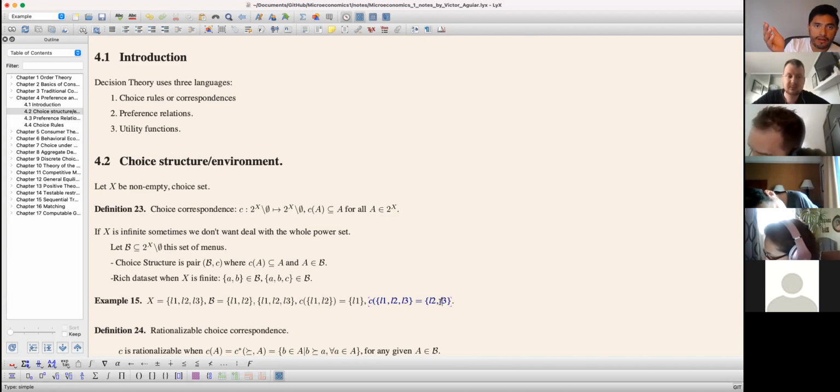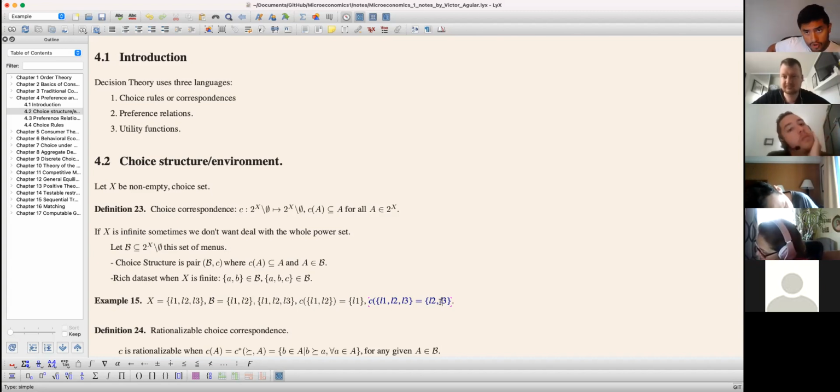So basically you can bundle up L2 and L3 and make something better than L1, right? So mixing them. But the data set you're thinking of, Severin, is basically what is called choice over menus, and this is choice over alternatives. So the information that the choice correspondence is giving us is not that they are going to consume L2 and L3 at the same time, but rather that this consumer is declaring that they cannot make up their minds between L2 and L3. So they declare them as choosable, right? Or indifferent among them in revealed terms. So that's a great question.